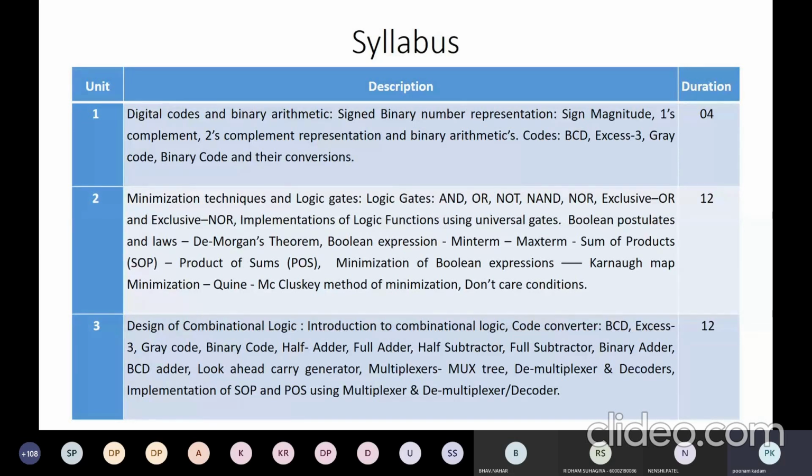The unit will also cover design of some very special circuits which are also available in integrated circuit forms, so that they can be used to design more complex digital circuits, such as multiplexers, demultiplexers, and decoders. So we will also learn how to design and use multiplexers, demultiplexers, and decoder circuits, which are also available in IC form in the market.